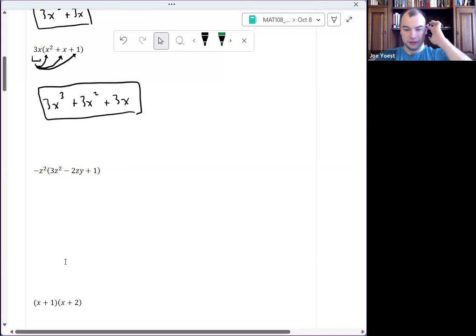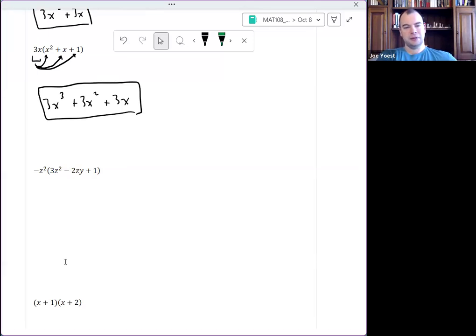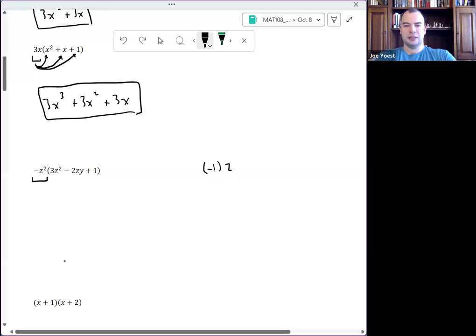Now, an example like this, we have to be super careful. Here we have a z squared out in front, but it's a negative z squared. If I really wanted to be kind of pedantic, I could think of this as a negative 1 times z squared, and I could distribute the z squared, and then later on distribute the negative 1.